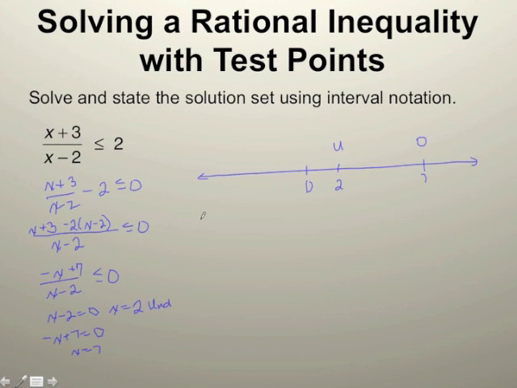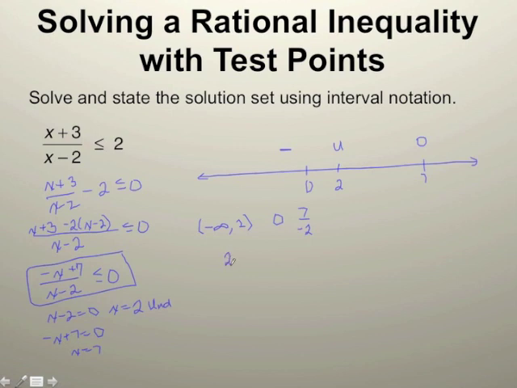So we need to check some value between negative infinity and 2. So let's say we use the 0. And we're checking the fraction. So that would give me 7 over negative 2, and that is a negative value.